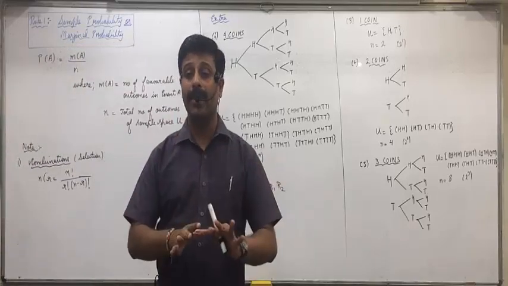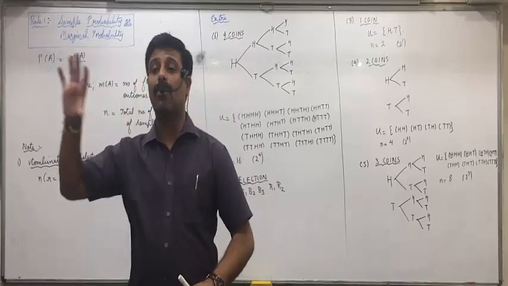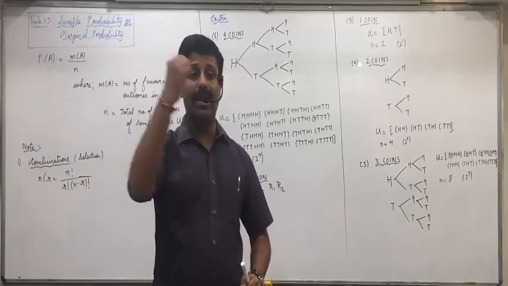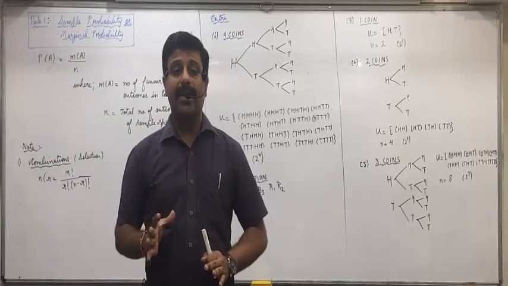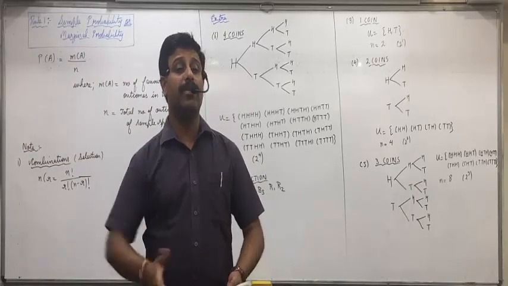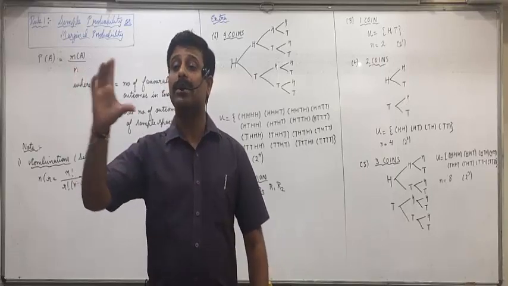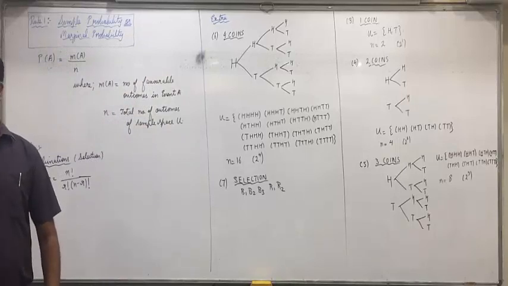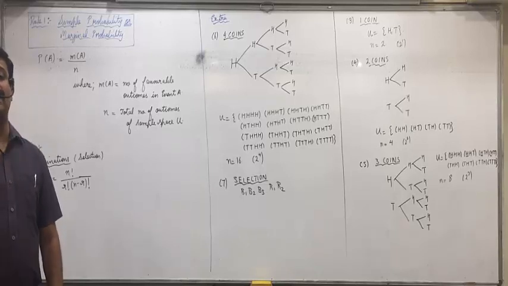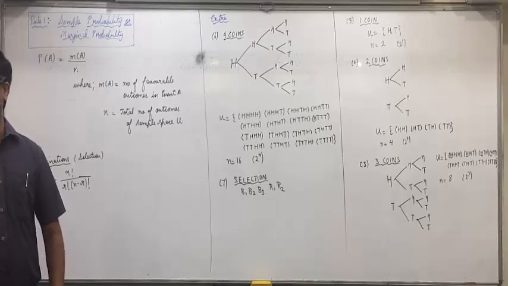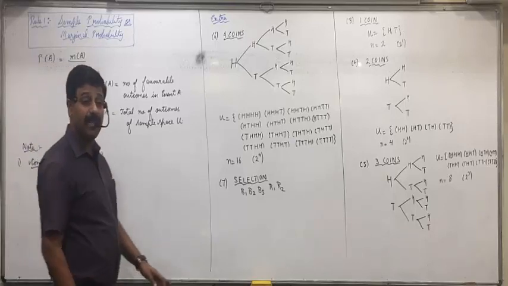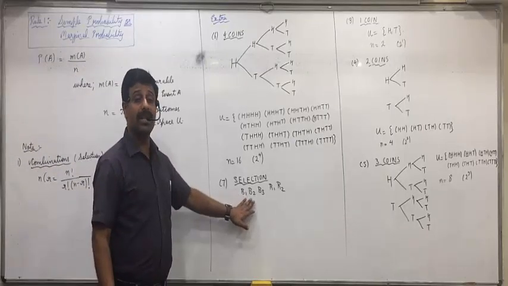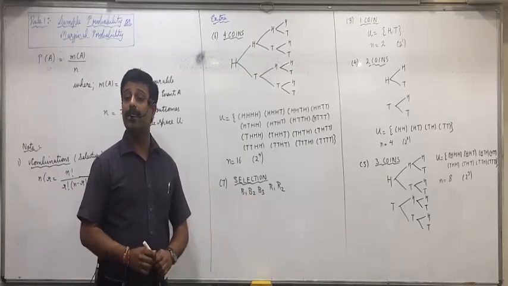Because normally, if I place 3 black balls in front of you without any numbers, then which one you select does not make any difference, because all of them look the same. But we will assume that they are not the same. As if you are playing billiards, then you have numbers on the balls. We'll assume those kind of balls are there in the question. On every ball there is a number.